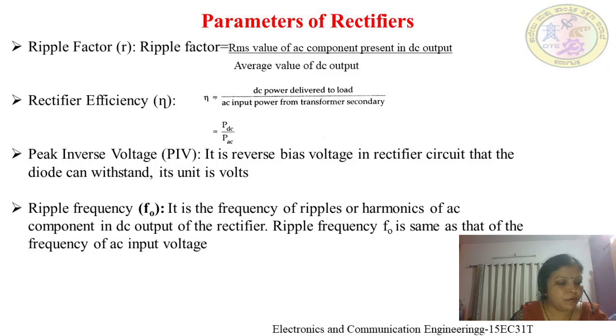Now moving ahead to the next parameter, that is peak inverse voltage. It is the reverse bias voltage in a rectifier circuit that the diode can withstand. Its unit is volts. We know that all the rectifiers make use of a PN junction diode.